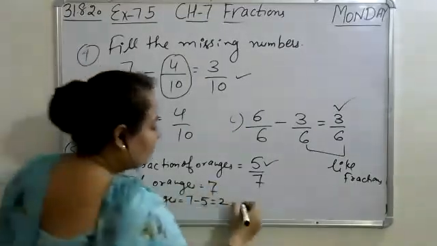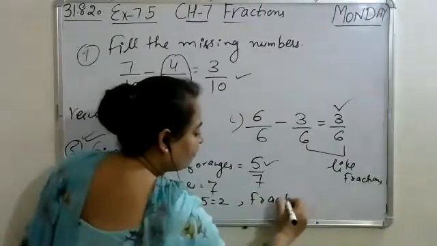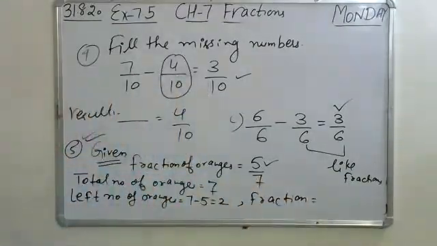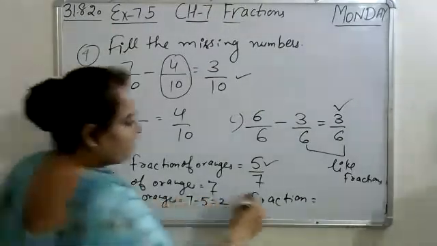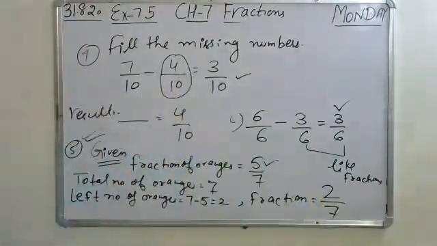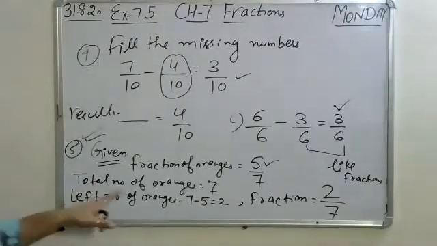So in terms of fraction, how can you write this? Ma'am, we will write 2/7. Very good. Good response. Well done. So this is the way to solve the sum.